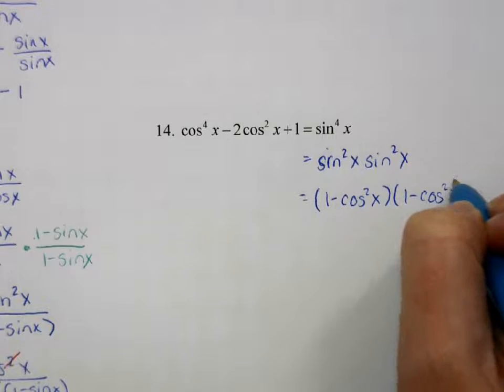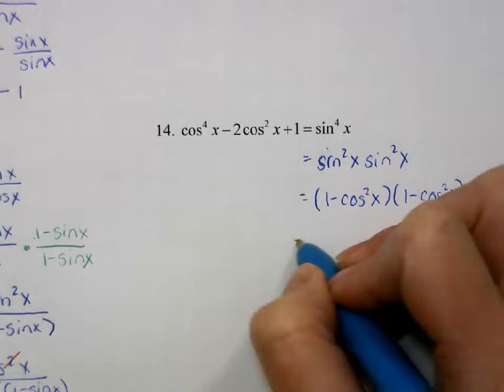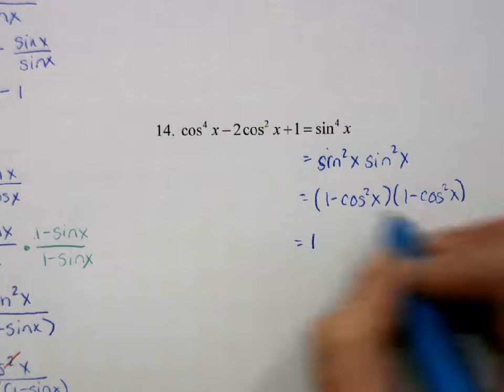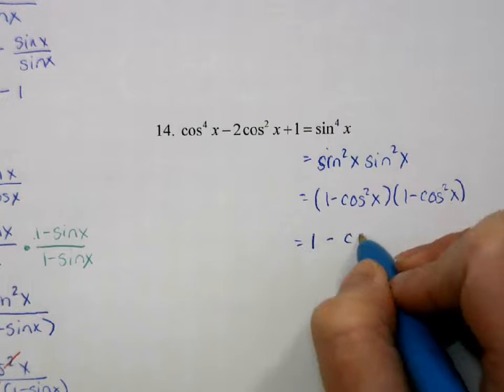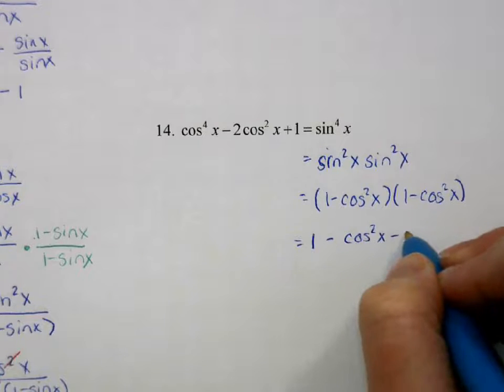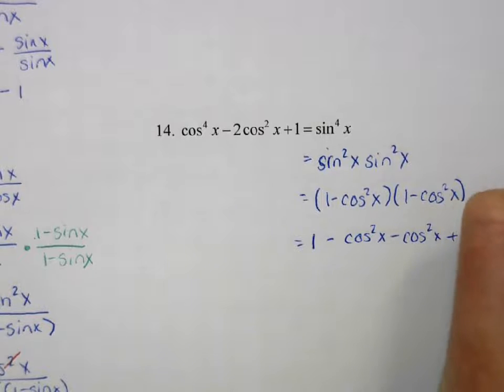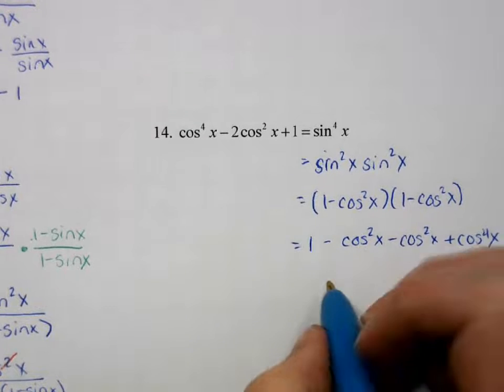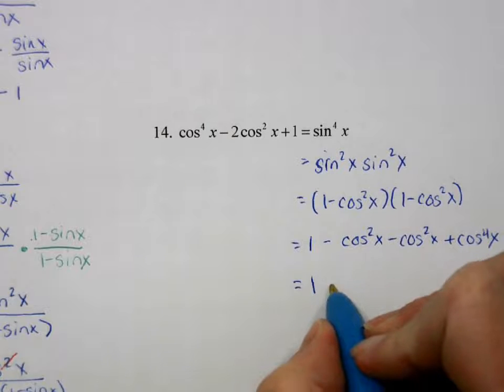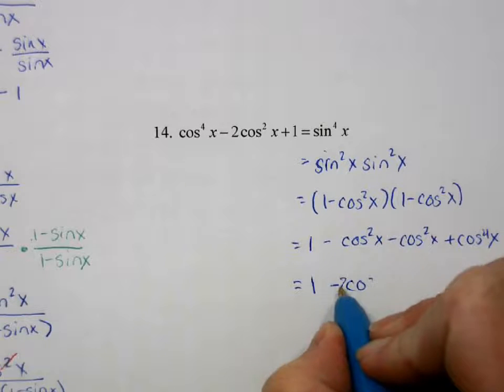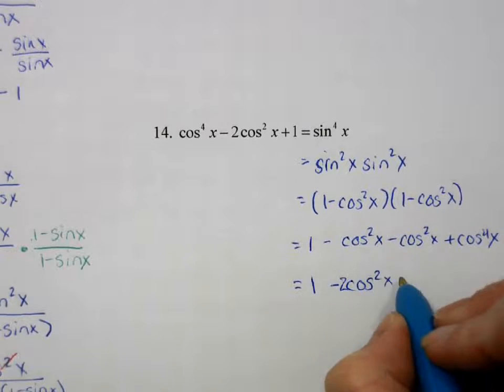So we'll have 1 minus cosine squared x minus cosine squared x plus cosine to the 4th, which if I combine my like terms is 1 minus 2 cosine squared x plus cosine to the 4th.